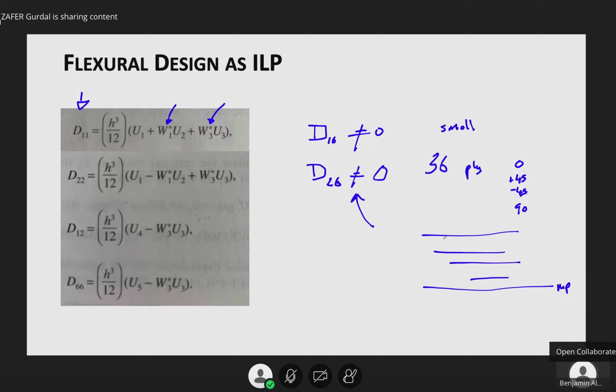But if you take the zeros and distribute those zeros and 45s, separating them from one another, that is plus 45 and minus 45, which are the terms that will give you the D16 and D26 terms, if you separate these from one another as much as possible, don't put plus minus 45 all together, then these terms are negligible compared to the other plies.